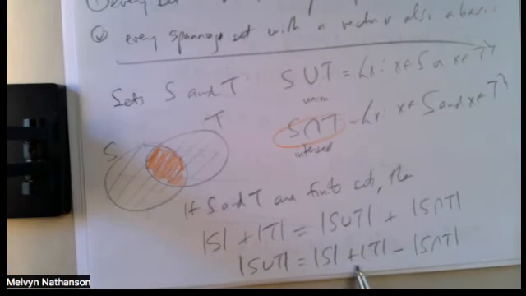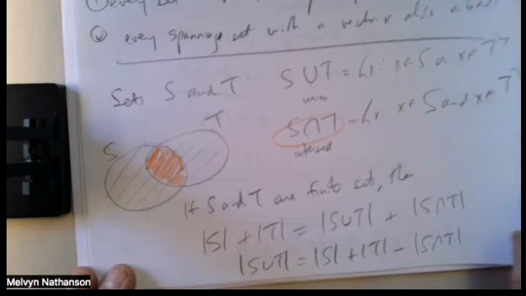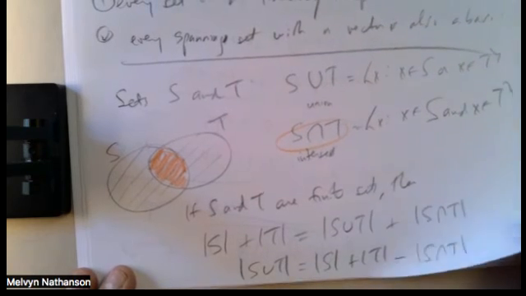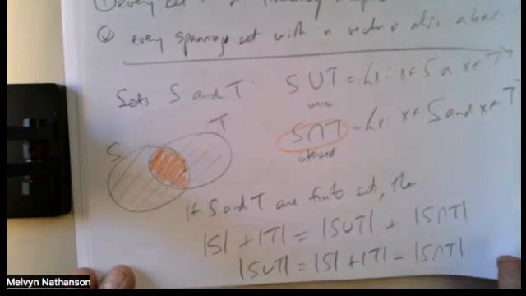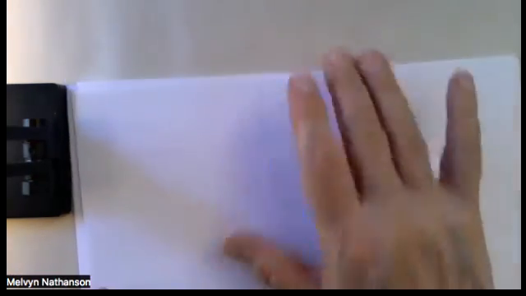So this is a simple bit of combinatorics involving union and intersection of finite sets, and it's interesting that a similar result is true when you take the sum and intersection of subspaces.